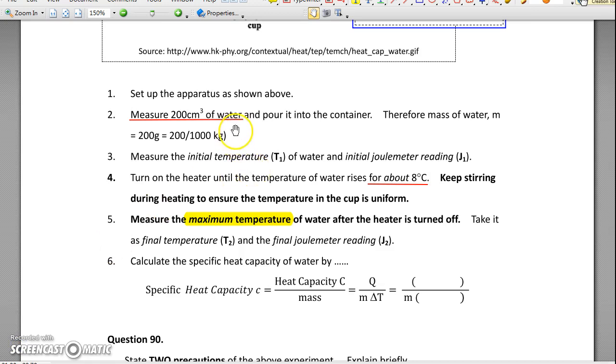You will measure 200 cm³ of water and pour it into the calorimeter, and supply energy so that its temperature increases by about 8 degrees Celsius. You may find the temperature rise accurately by measuring the maximum temperature reached when the heater is turned off. And then you may apply equation 9 to find the specific heat capacity accurately.